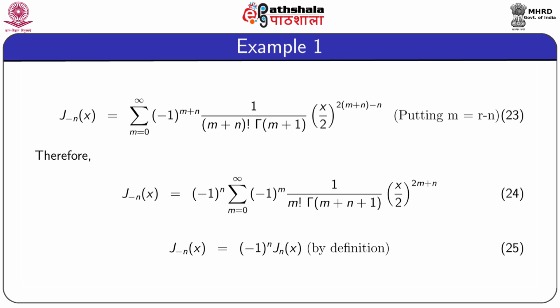And hence, by definition, we can say J_{-n}(x) is equal to (-1)^n J_n(x), because this expression is the definition of J_n(x).